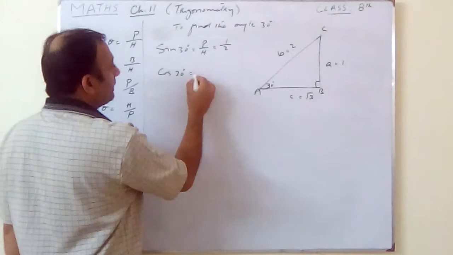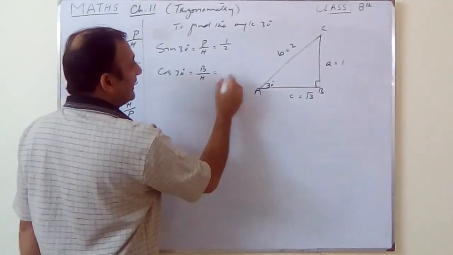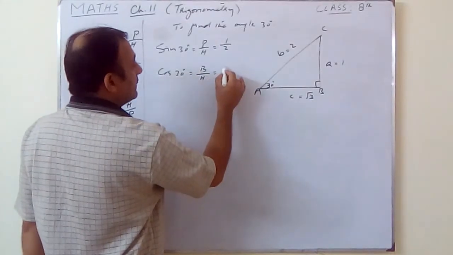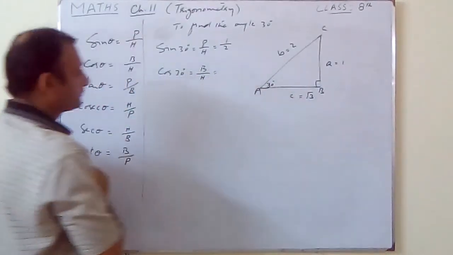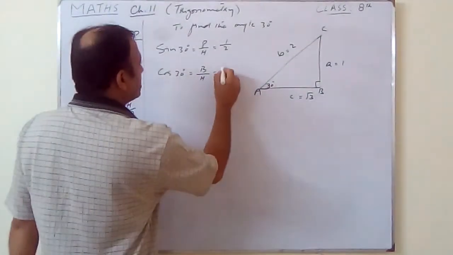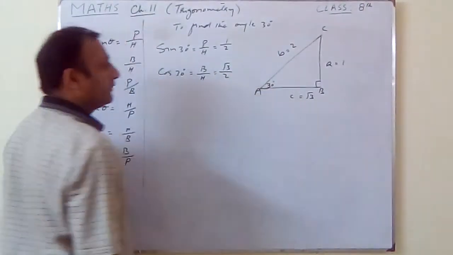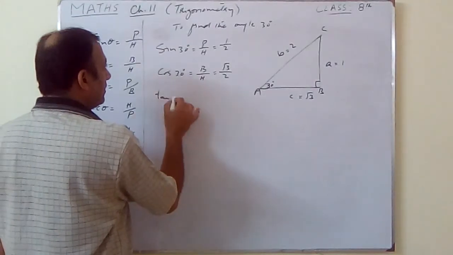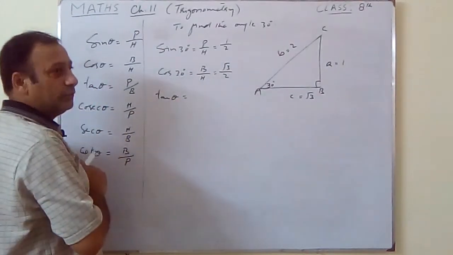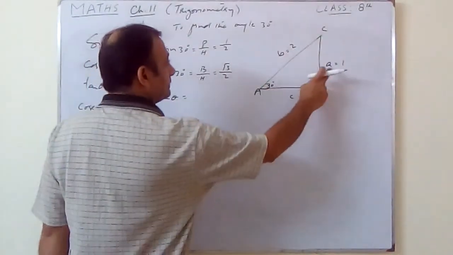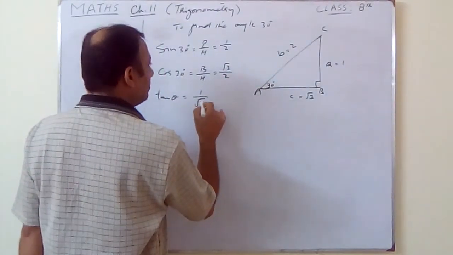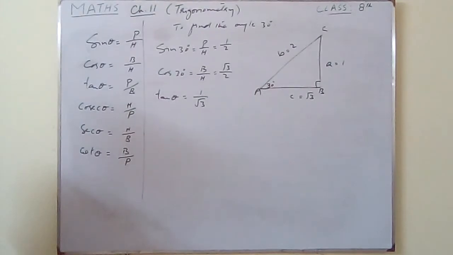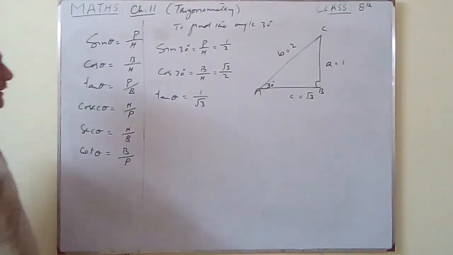Cos 30, that is base over hypotenuse, square root of 3 by 2, and tan 30 is equal to 1 over square root of 3.